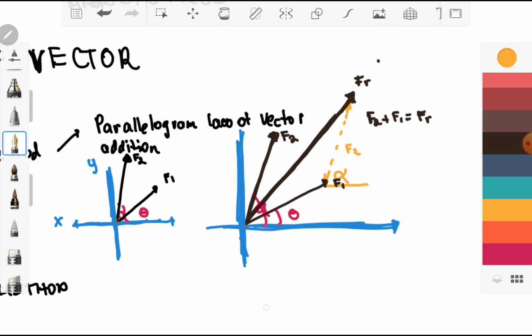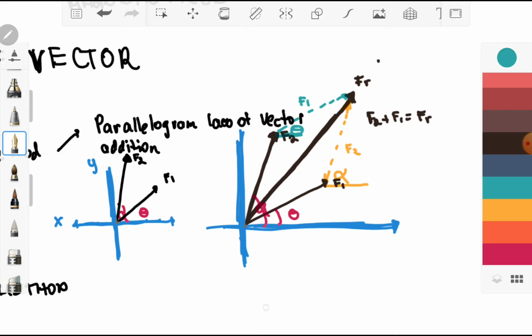And then this is the projection of my F1, in order to make it a parallelogram, with my angle theta.